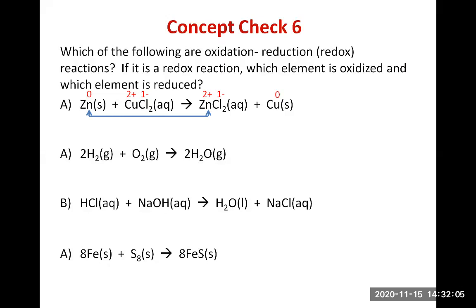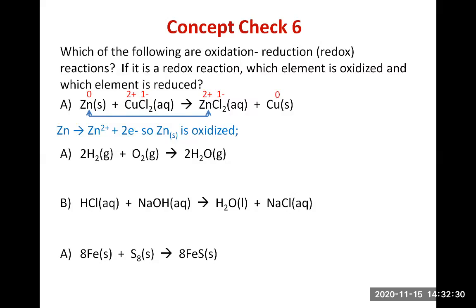So that means the metal zinc has lost 2 electrons. So from zinc, we draw an arrow and it becomes the zinc 2+ plus 2 electrons, because those 2 electrons have been removed from the zinc metal. So zinc, the metal, is oxidized in this equation.